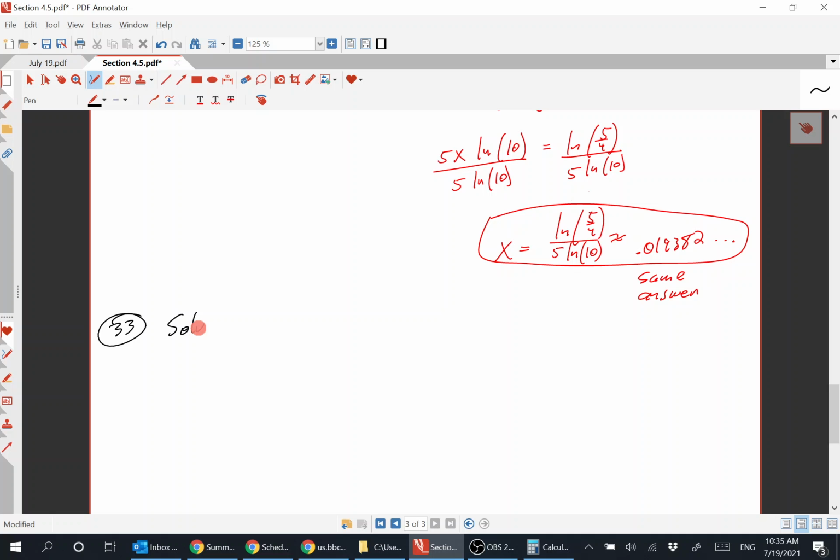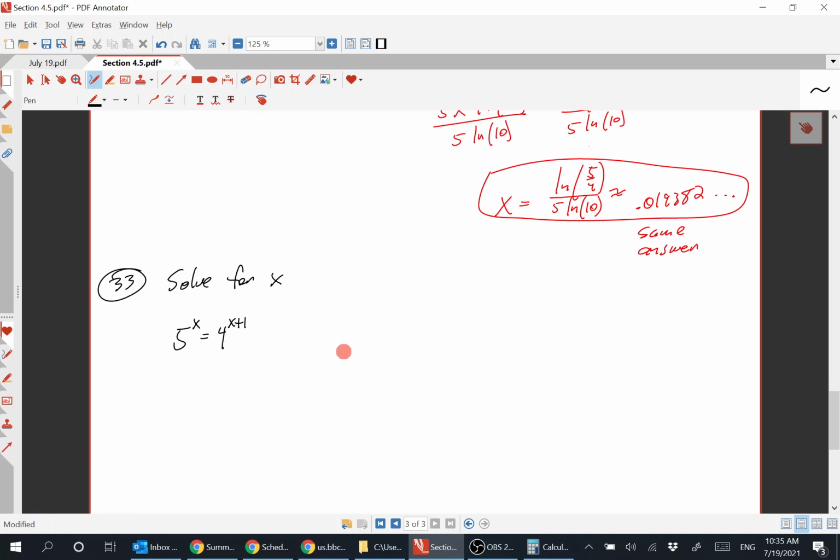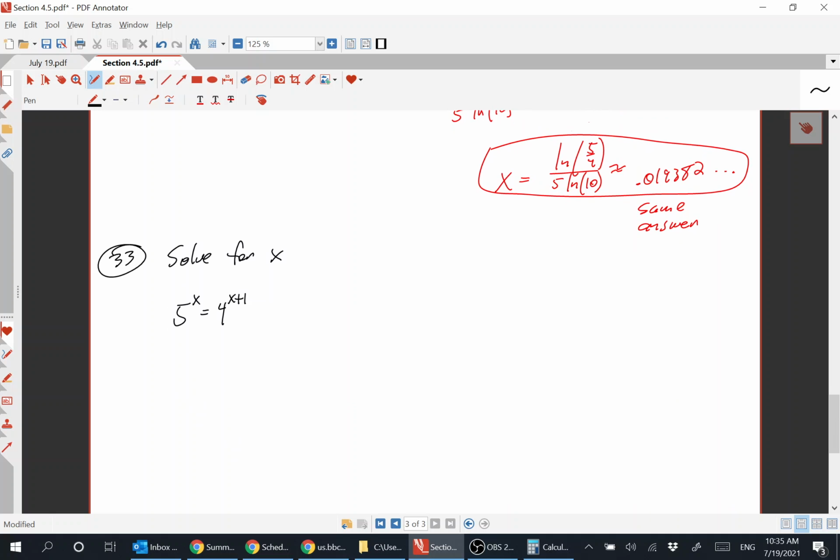All right, so solve for x. So 5 to the x equals 4 to the x plus 1. So here we have two exponential expressions on both sides of the equation.